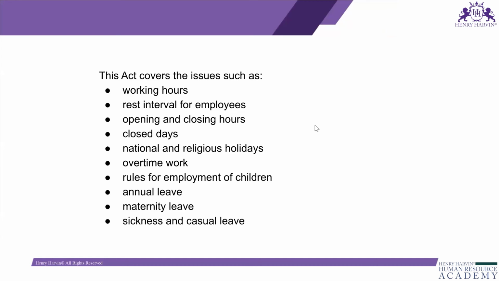No employee should work over 75 hours of overtime. These are the rules under the Shop and Establishment Act. The Labor Department will guide the employer, and if the employer makes the employee work more than 75 hours of overtime, then the employer will be penalized.